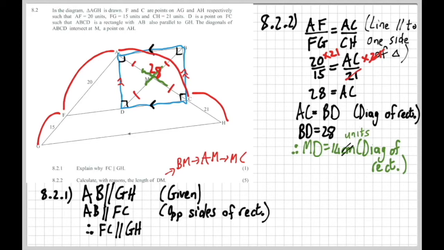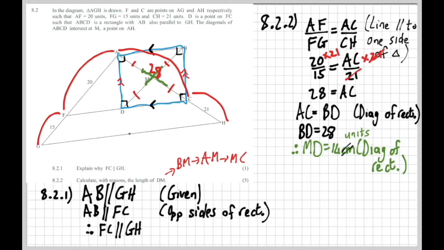Now, this for me personally was not a really tough question. Not saying it was easy, but it wasn't that tough. So what I'm going to do in this next one is tackle a bit more of a doozy, a bit more of a tough one. So let's have a look at this next question.